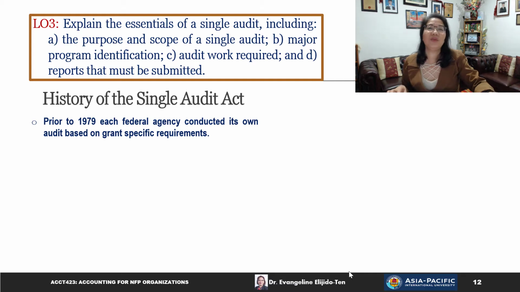It's in the vicinity of about $650 billion annually. So these grants originate from more than 1,000 programs administered by more than 30 federal government departments and agencies in the United States of America.